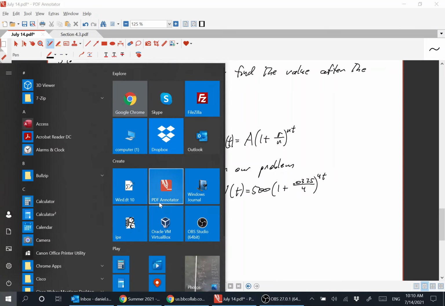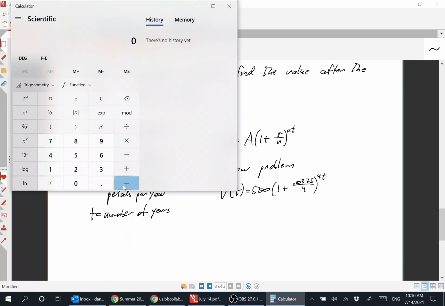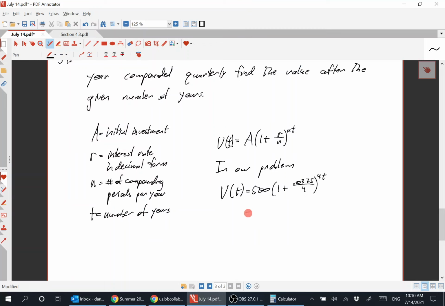So where's my calculator? Yeah. So 0.0375 divided by 4 is that, plus 1. So 1.009375. To the 4t.